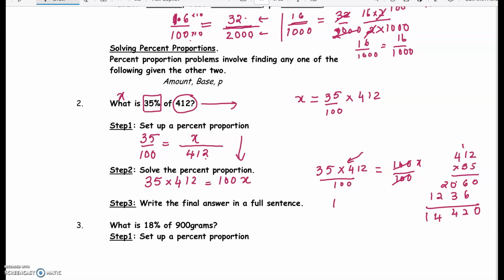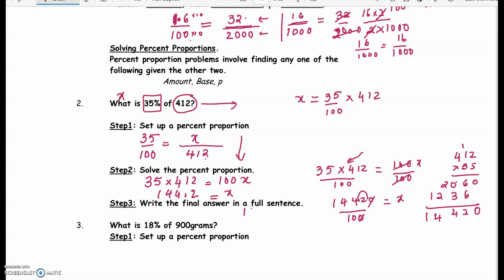Now I have to divide 14420 over 100, and that's how I get X. Cancel the zeros and shift the decimal point two places to the left, so I get 144.2.